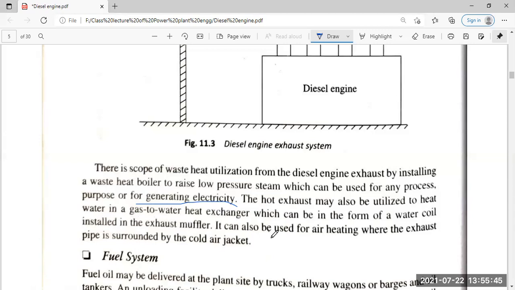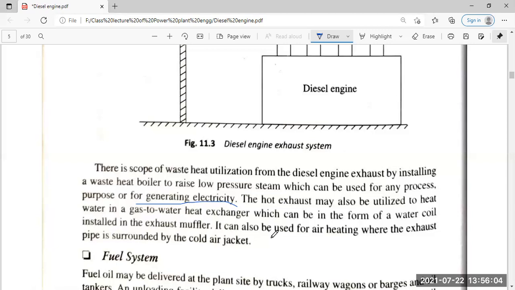So there are so many applications we can do. We can mainly make steam out of this exhaust fume, which is at high temperature and pressure, and we can use it for cleaning, for making electricity, even for washing clothes.